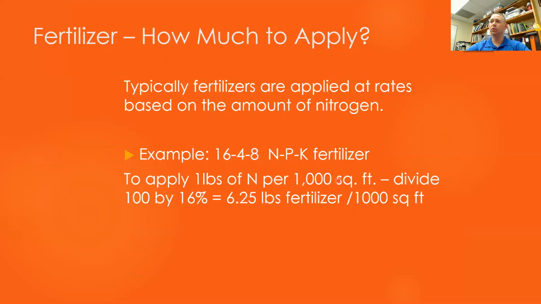So you're going to divide 100 by 16%, get 6.25 pounds of fertilizer per 1,000 square feet. That's if you want 1 pound of N per 1,000 square feet. So if you had a 16-0-0 for what you purchased, and your recommendation says 1 pound of N per 1,000 square feet, then you're going to have to apply 6.25 pounds of fertilizer to meet that requirement of 1 pound of N per 1,000 square feet.